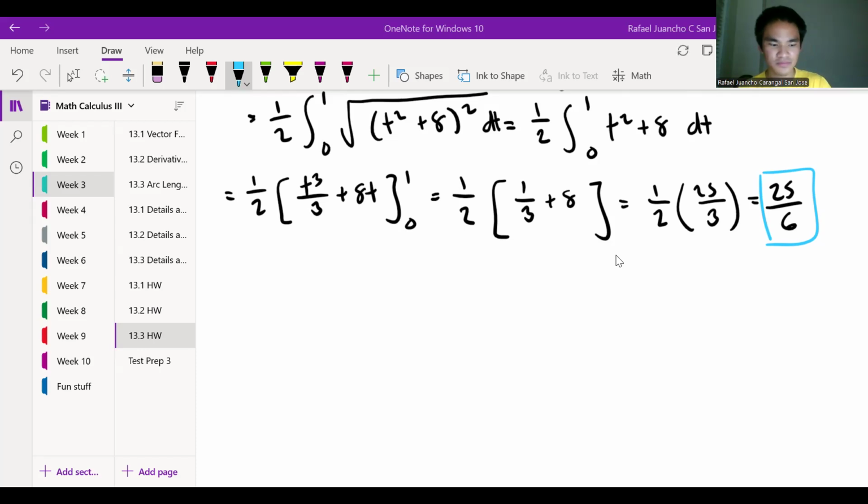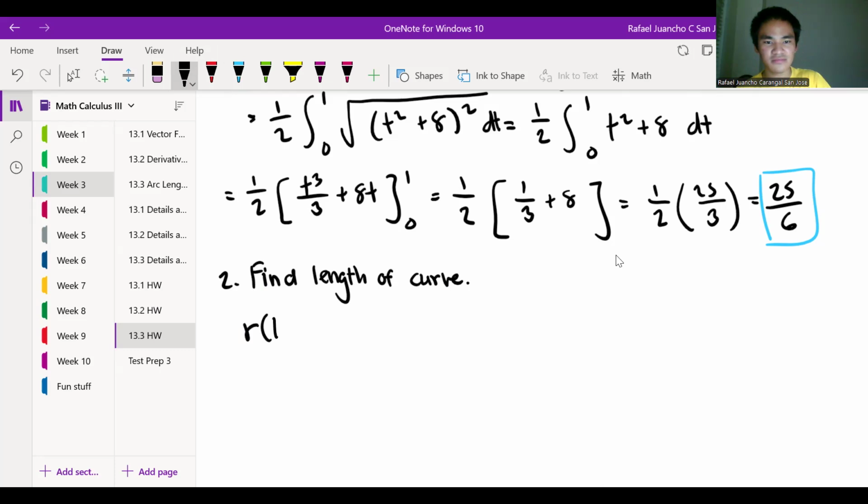Okay, number 2. So here now we're being asked to find again the length of the curve. So let's quickly do that. So this is r of t. Oh, we're given a vector function here.